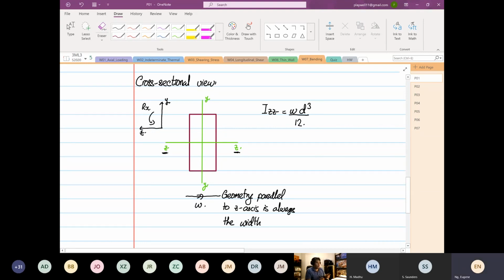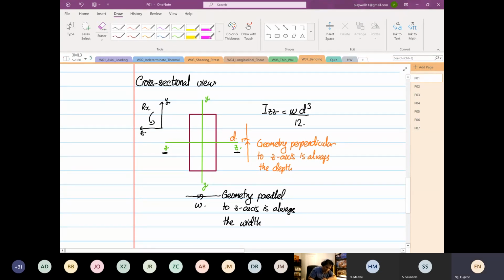Any geometry that is parallel to the ZZ axis will be the width, and any geometry perpendicular to the Z axis is always the depth. So this direction will always be the depth.